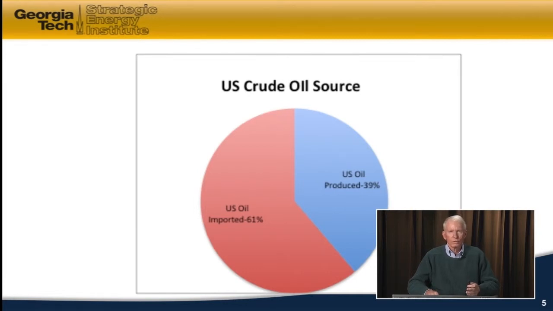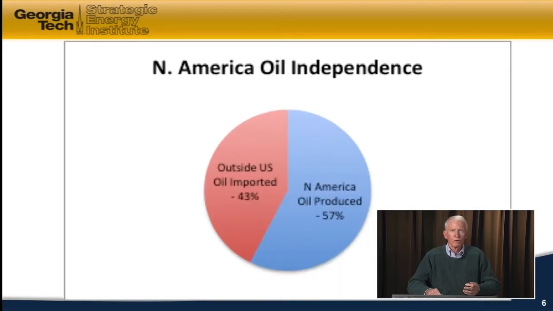By the way, it looks like we will produce more in 2012 than we did in 2011, and we imported a smaller percentage. So this 61% will go down in 2012, and the U.S. percentage produced here will go up from the 39% when we get the 2012 data in. If you look at the preliminaries so far, that's the way it's looking. But what about North America?